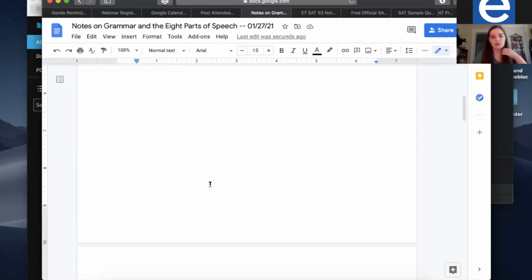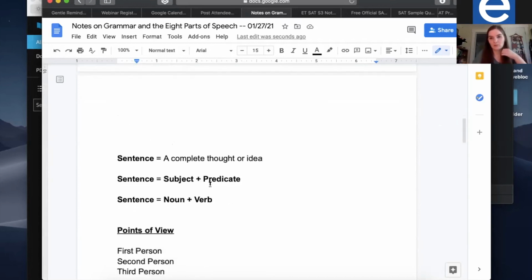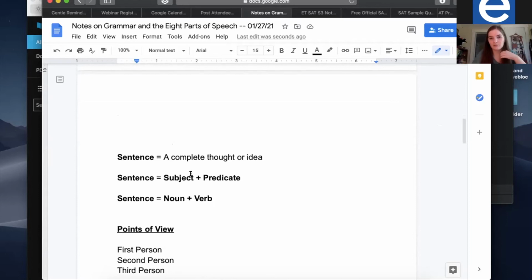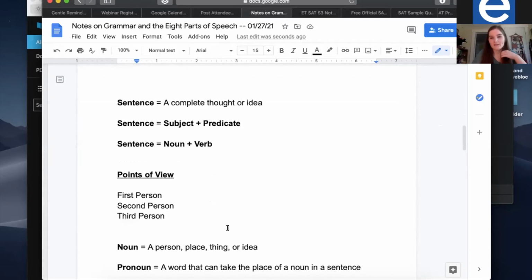I want to look at sentences a little bit before we delve into a little bit more grammar review and look at some examples. Okay, so we have a sentence. A sentence, in essence, is a complete thought or idea. That's what it is. You also can break it down as a sentence being equal to a subject and a predicate.